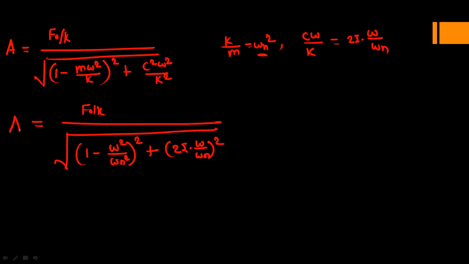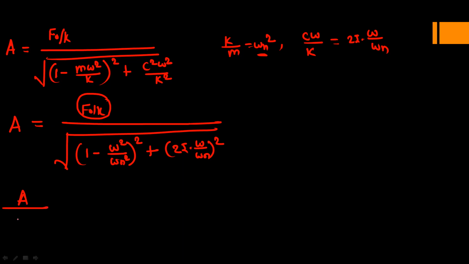Okay, so this value is nothing but the amplitude. Now take this term F0 upon K on the left hand side. So the right hand side will be just a function of external frequency omega and the damping factor zeta.